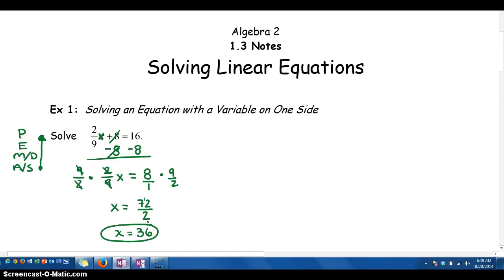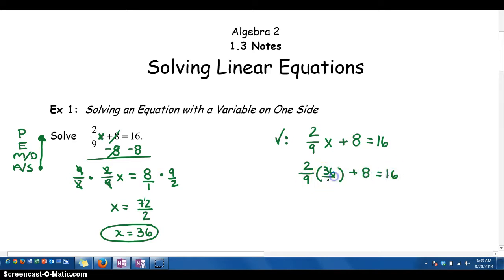Now, if you ever wanted to just check this answer, this is the checking part, you would take the equation that we have from the beginning, and we would just substitute in 36 for the x. So I'm going to replace x with 36 plus 8 equals 16.